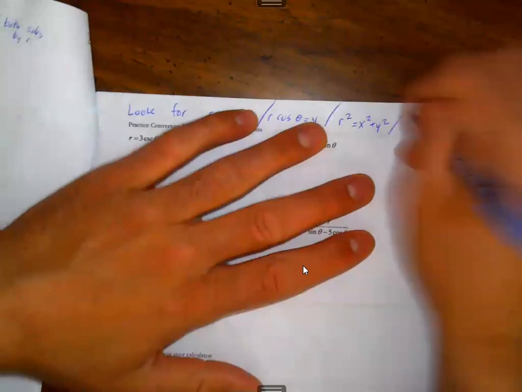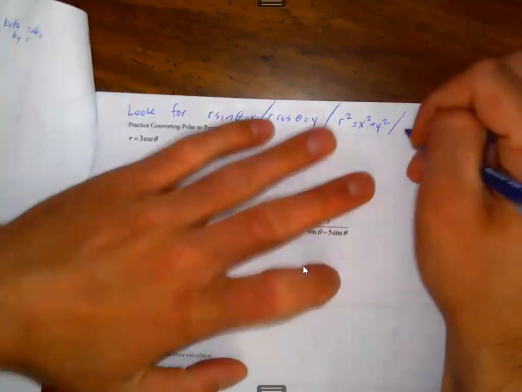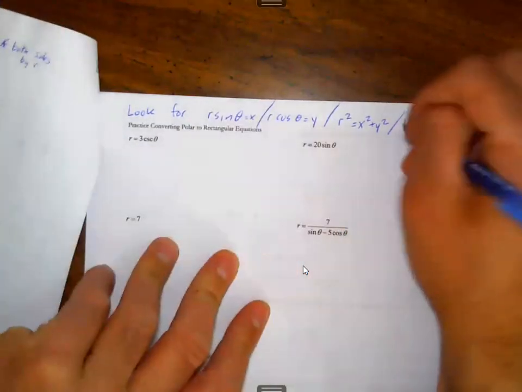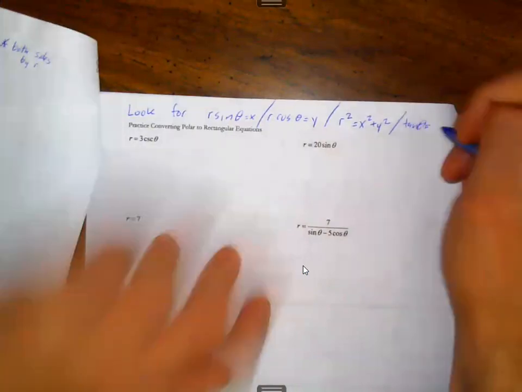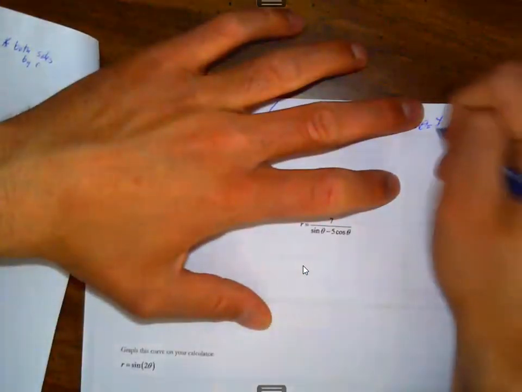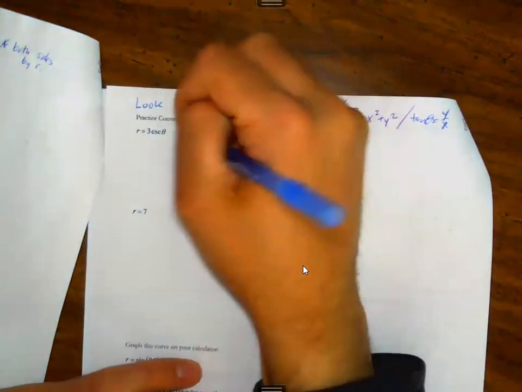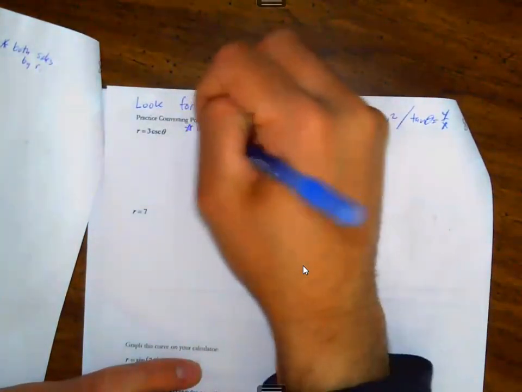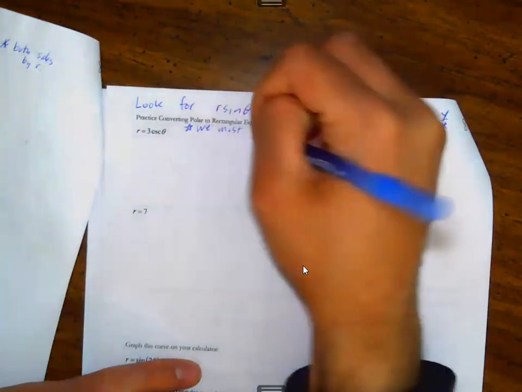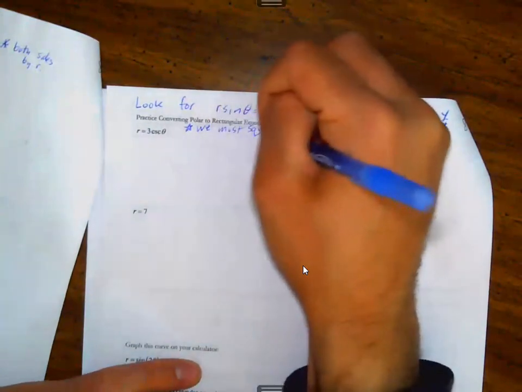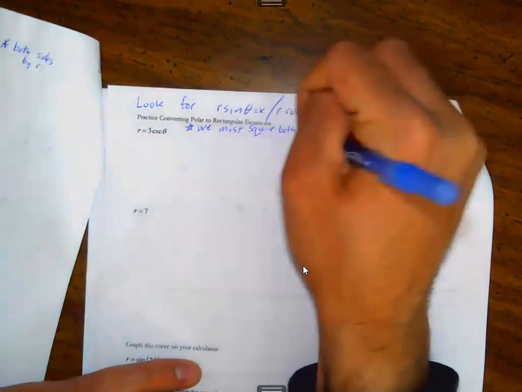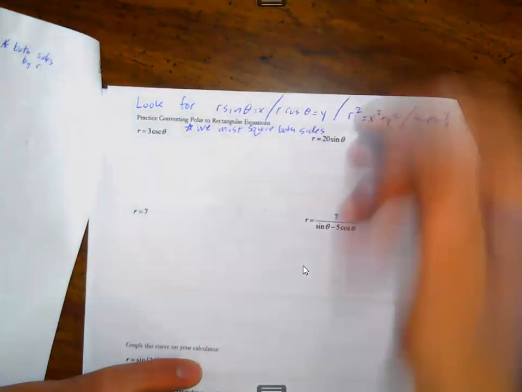And if we have tangent of theta, we can always plug in y over x. Now sometimes, and this is going to happen in 2 examples, we must square both sides, because we want to get r squared.